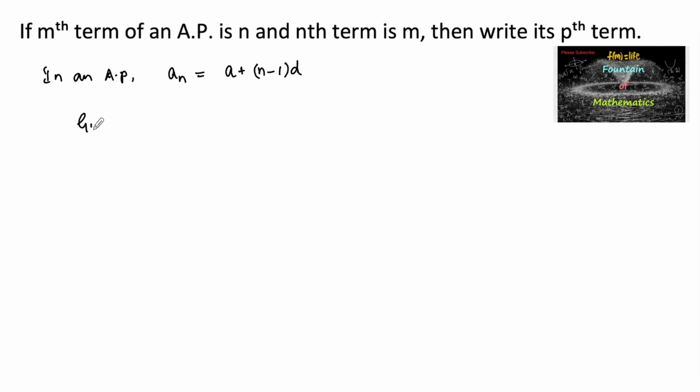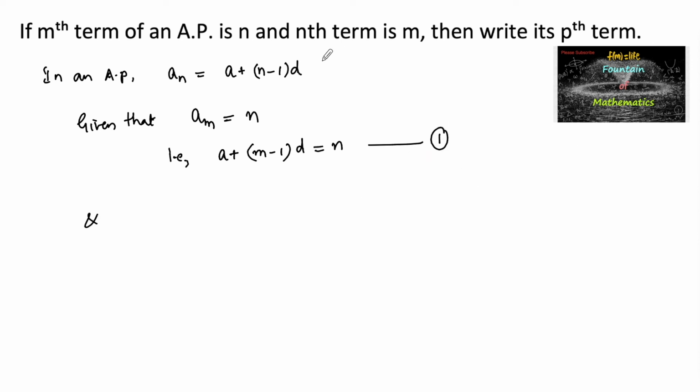It's given that the mth term, that is am, is equal to n, that is a plus m minus 1 into d is equal to n. Let us consider this as equation 1. And also given the nth term is m, that is an is equal to m. So we can write a plus n minus 1 into d is equal to m. Let us consider this as equation 2.